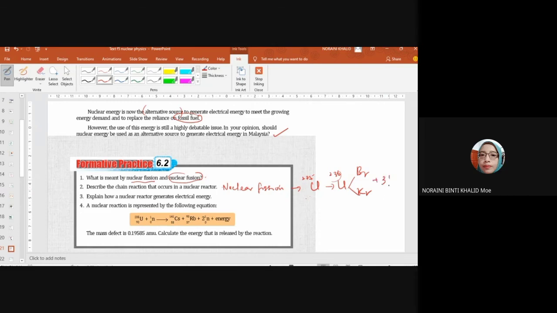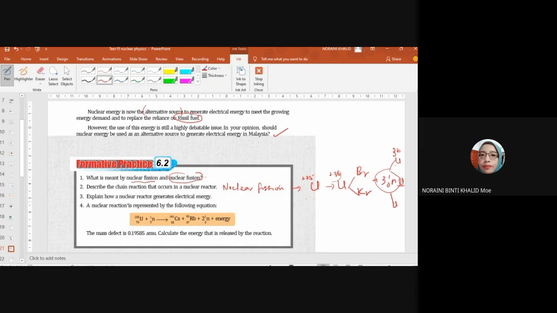Then the 3 neutrons again bombard other uranium-235, and another fission process occurs and releases another 3 neutrons for each fission process. This causes the number of neutrons produced to become bigger, and it becomes an uncontrollable nuclear fission process. It will become a continuous reaction that cannot be stopped, so we call it a chain reaction.